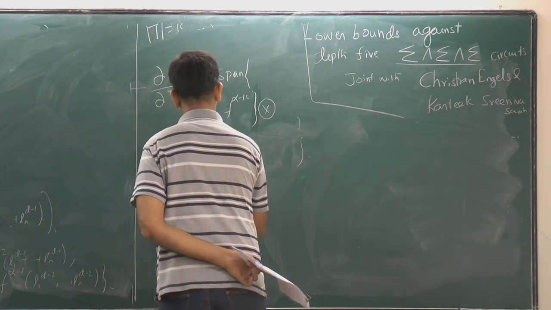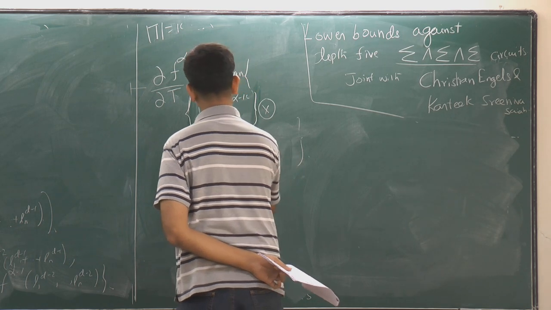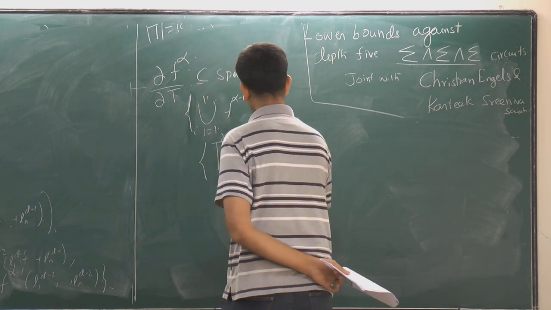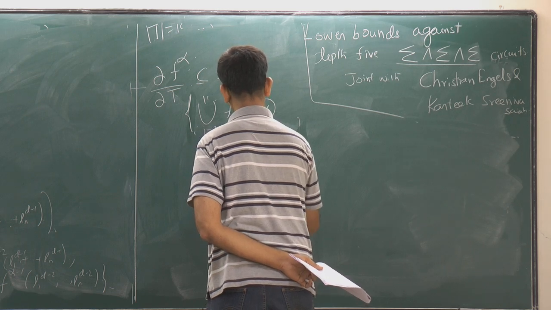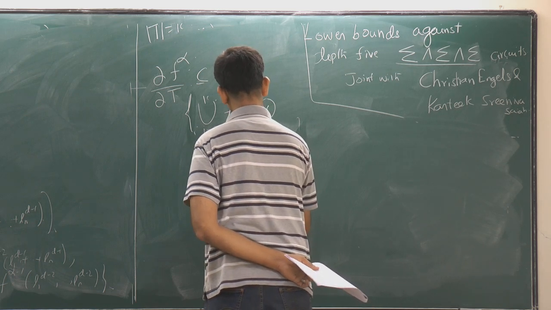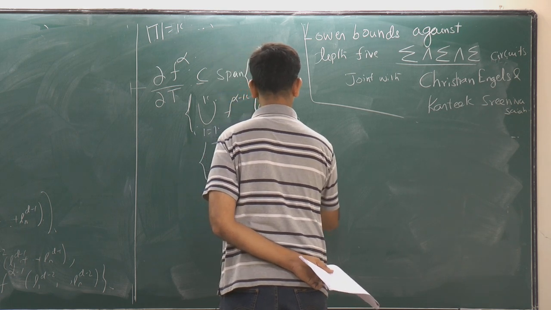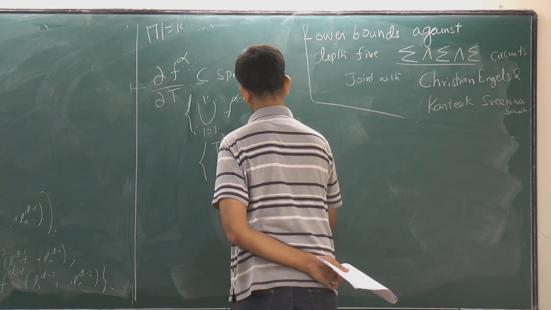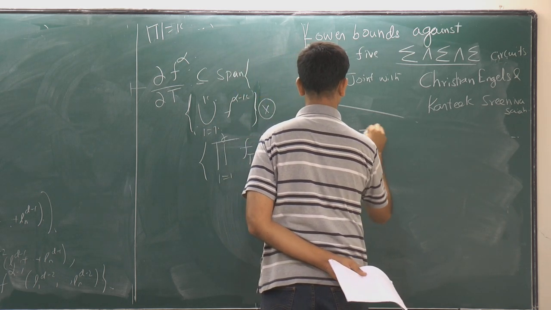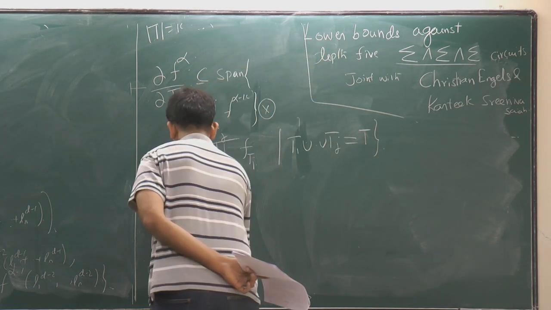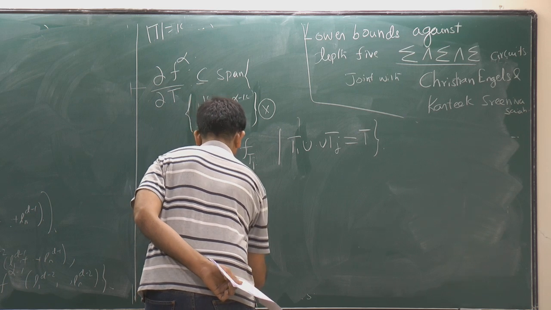So this is the product of polynomials of the form f_{t_j}, where t_1 union etc. union t_j is t, and f_t is the derivative of f with respect to t.